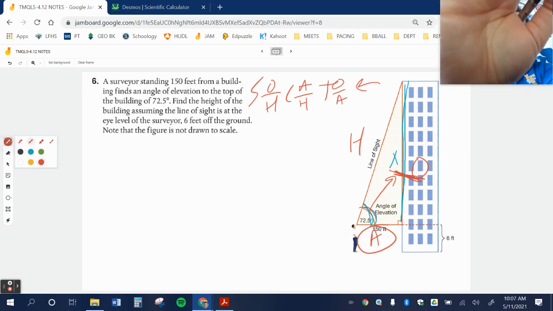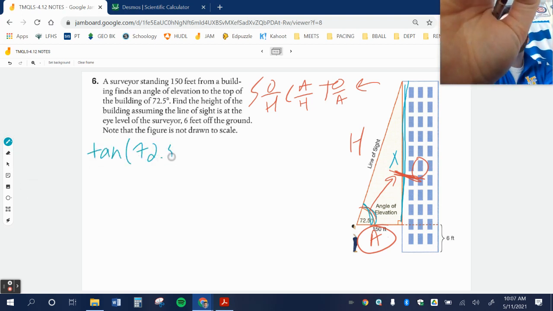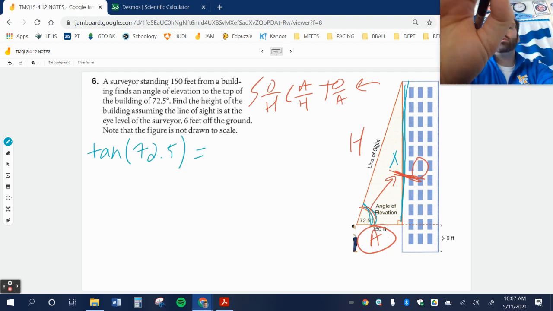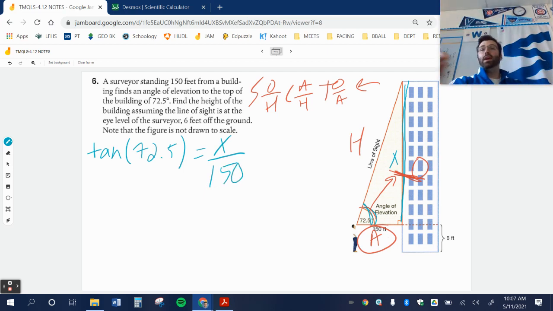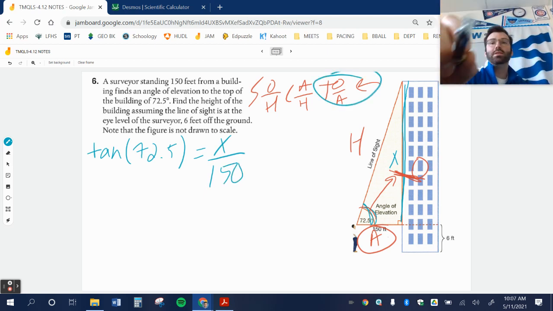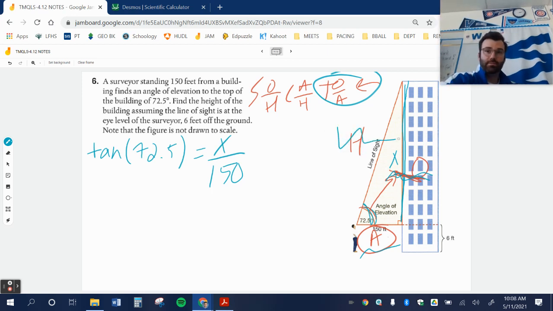Tangent of our angle, 72.5, is equal to the opposite over the adjacent. Opposite is x. Adjacent side is 150. I know to use tangent because I have O and A. O is what I want, the side I want. A is something that I have. I don't know what the H is, the line of sight, so I can disregard the H and throw it out. That automatically means I'm going to throw out sine and cosine, and this is the one that's left over.